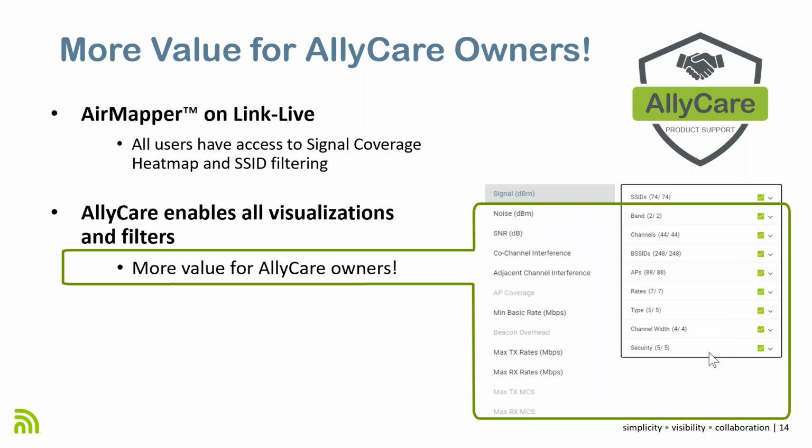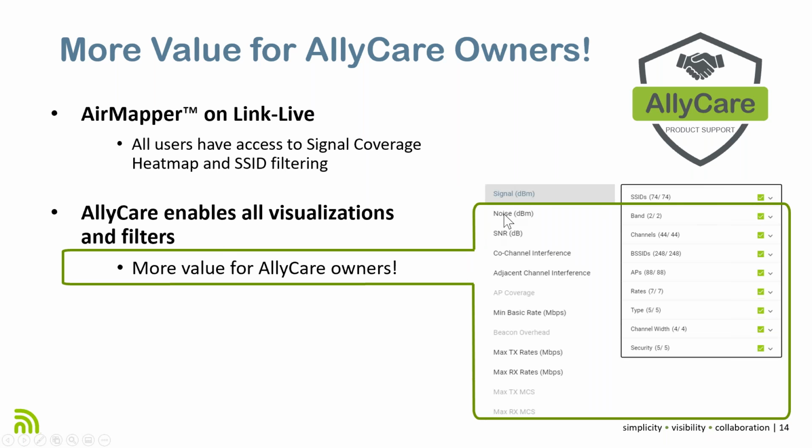Remember that Link Live is free. Still, if you have an AllyCare support contract on your handheld, AirCheck or EtherScope, you get some extra functionality when it comes to AirMapper. So for example, for free, you get signal strength heat maps and SSID filtering.